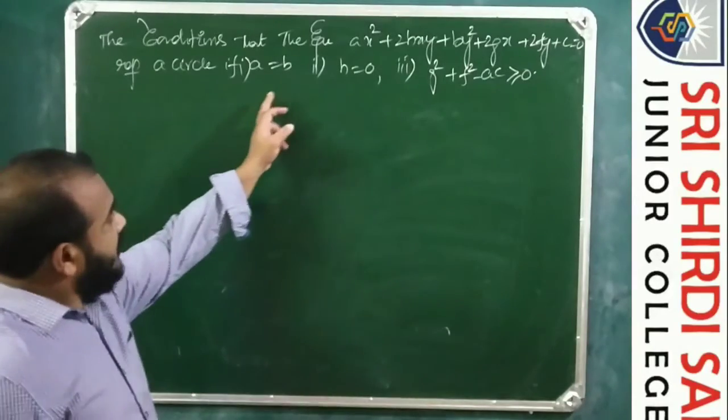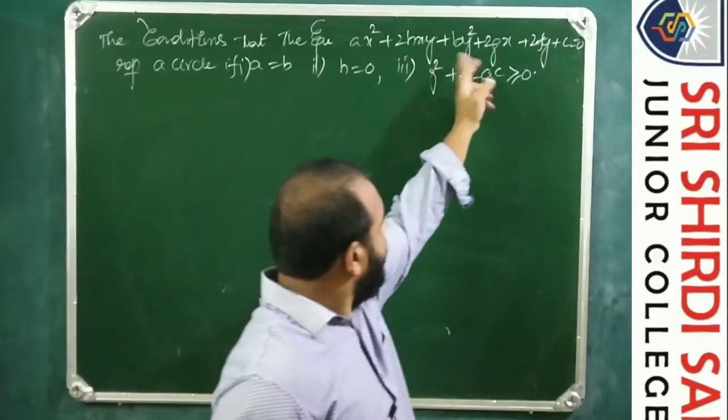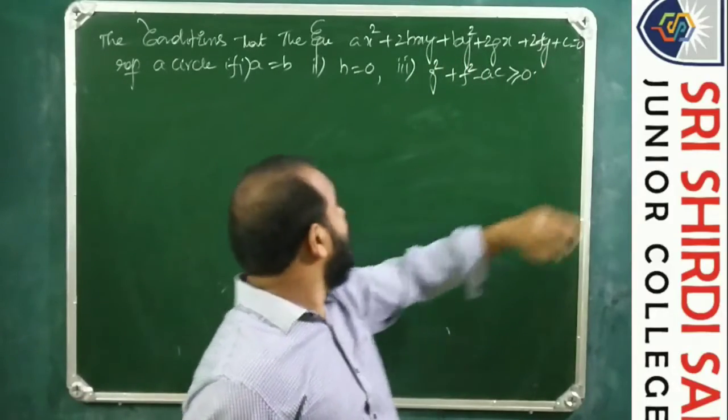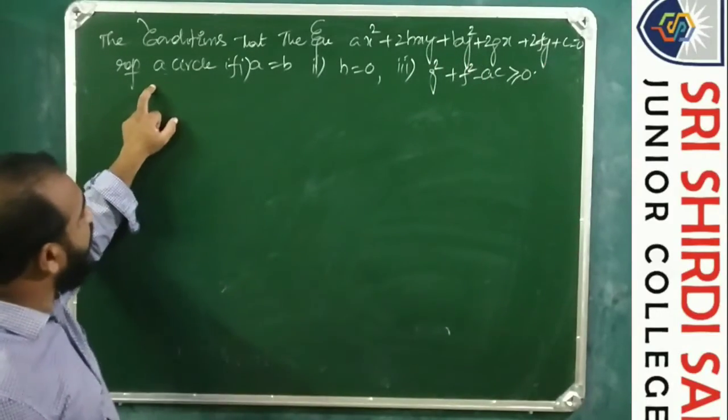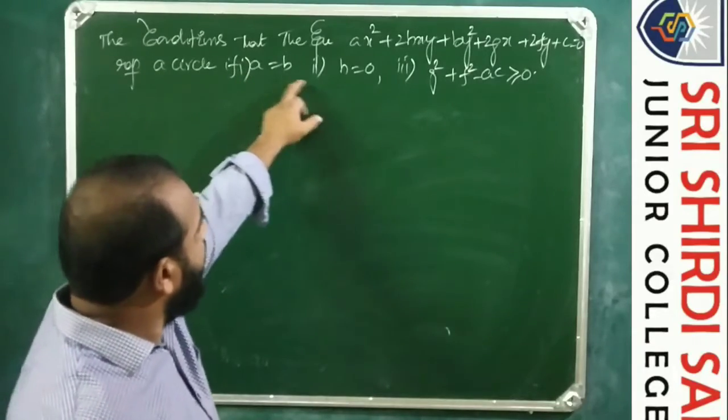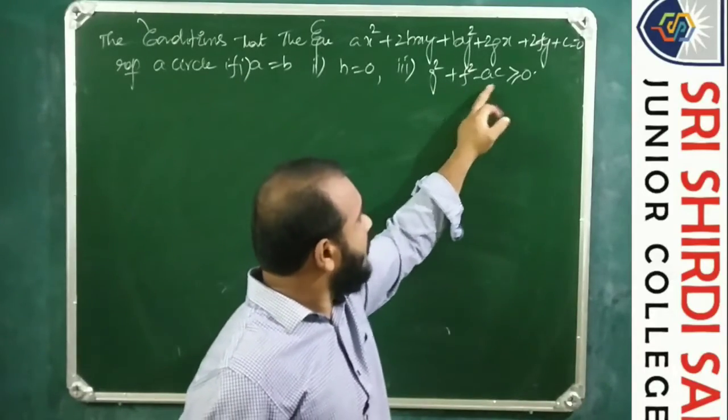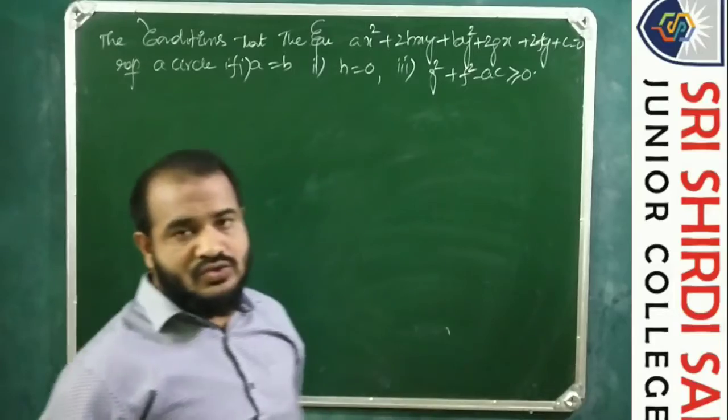The conditions that the equation ax square plus 2hxy plus by square plus 2gx plus 2fy plus c equals 0 represents a circle: a is equal to b, h is equal to 0, and g square plus f square minus ac greater than or equal to 0.